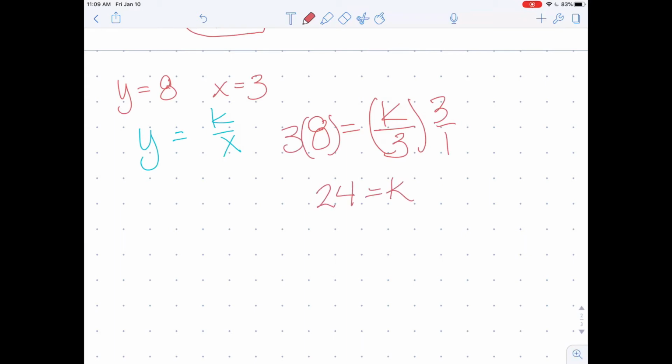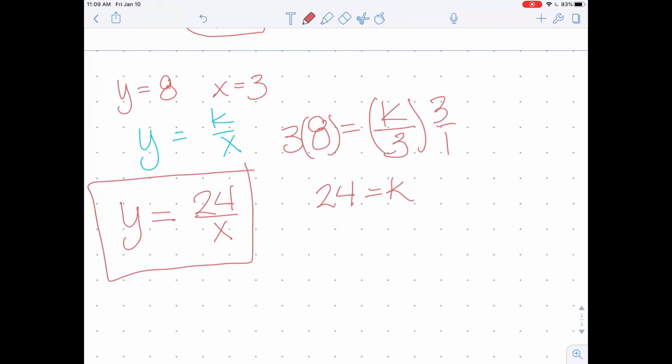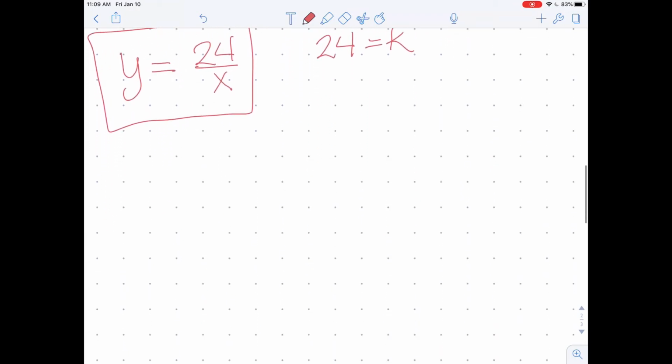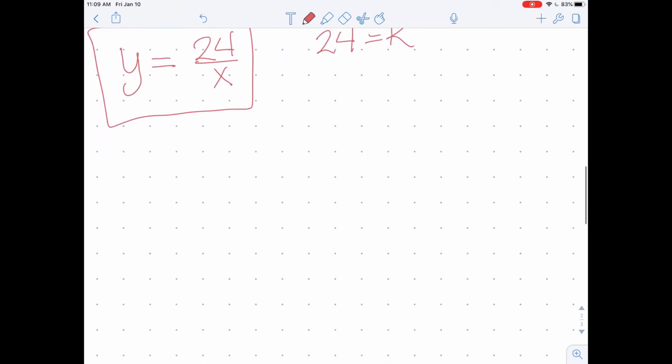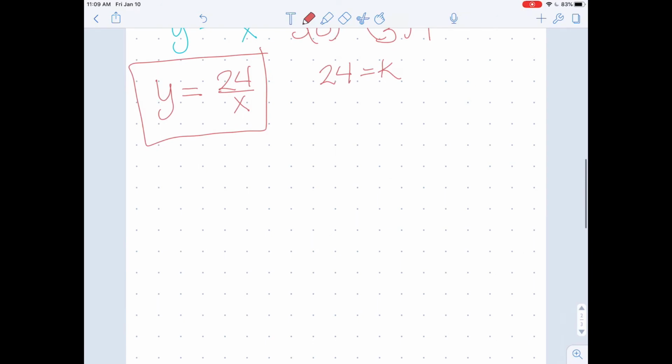So now we know k, so we can write the actual variation. The inverse variation is y equals our constant 24 divided by x. That is our equation. Now, we can graph an inverse variation, and let's take a look at that.